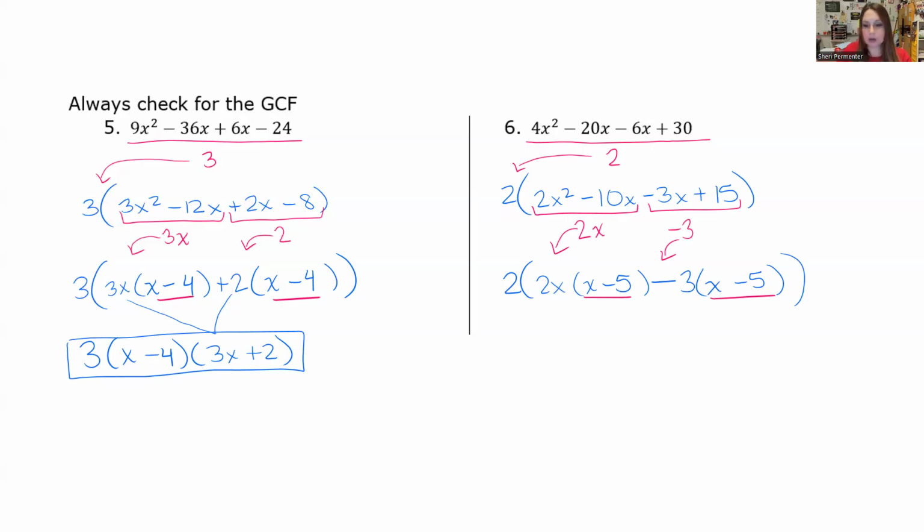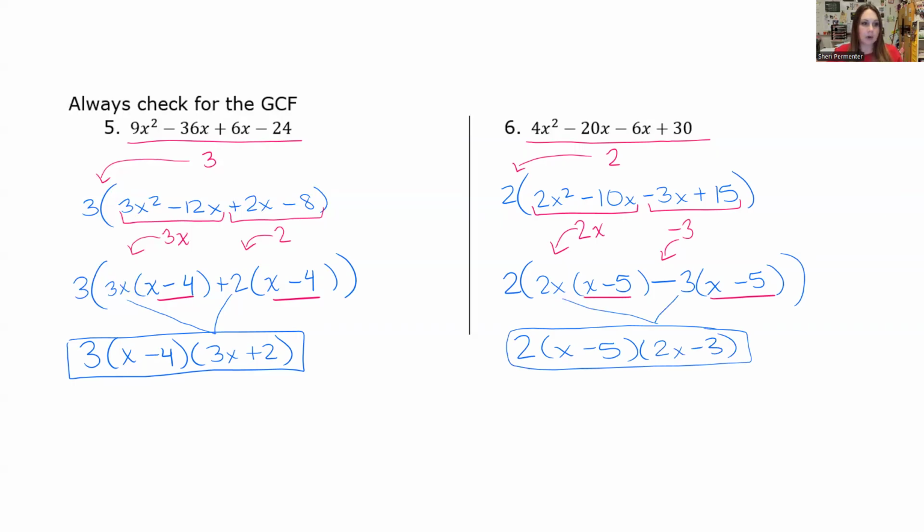So I've got the 2 out in front because it is along for the ride. My new GCF is x minus 5. And then I write down what I have left, 2x minus 3. So this came from that.